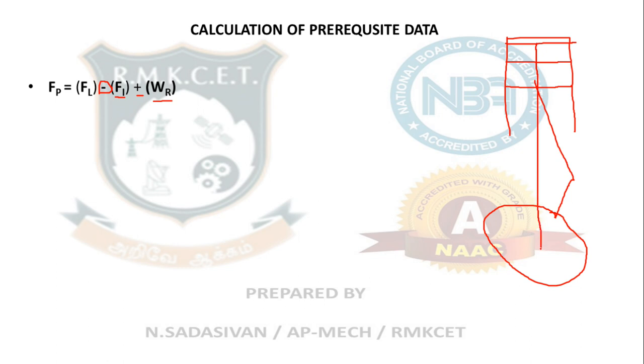So this is your crank pin. When theta is 0 and up to theta is 180, your piston will be coming down and reach the bottom dead center. So for theta 0 to 180, your piston is traveling downwards. Remaining portion 180 to 360, your piston will travel upwards.